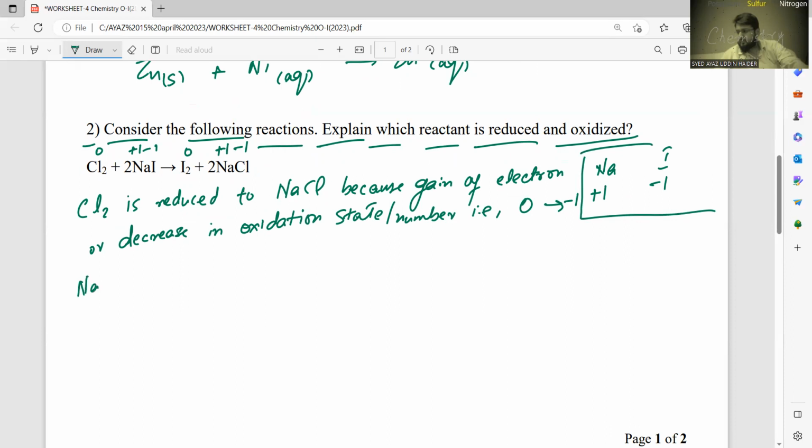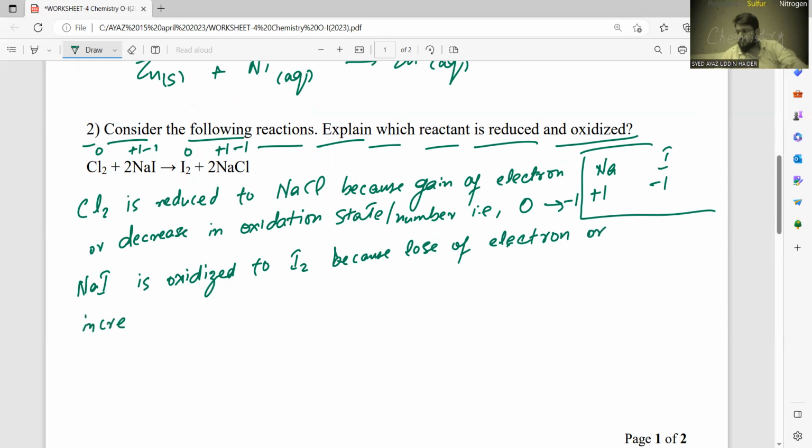NaI is oxidized to I2 because of loss of electron or increase in oxidation state or number.